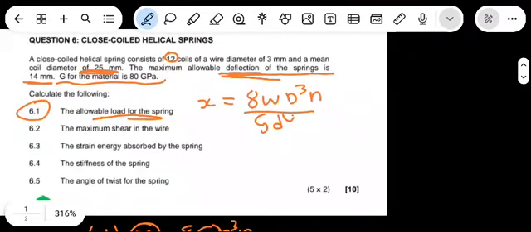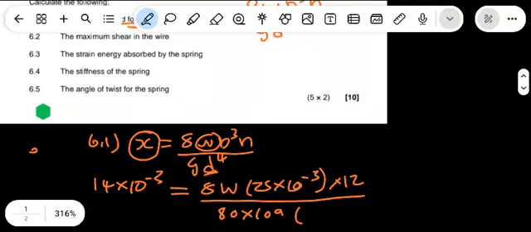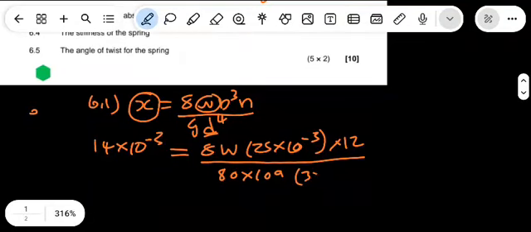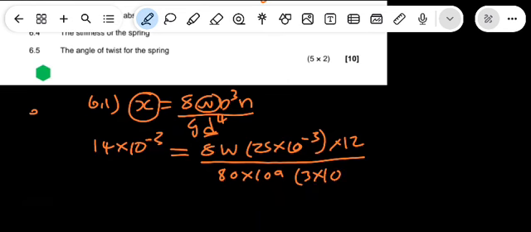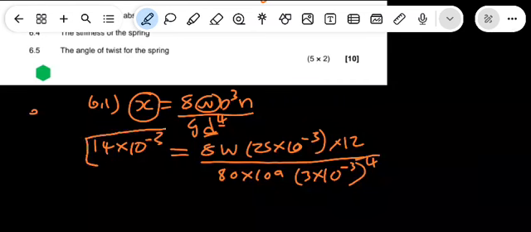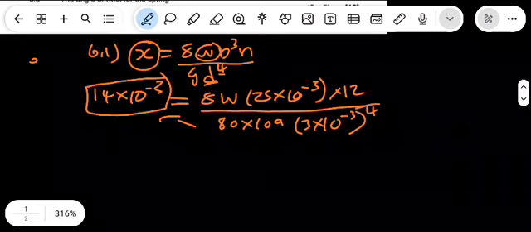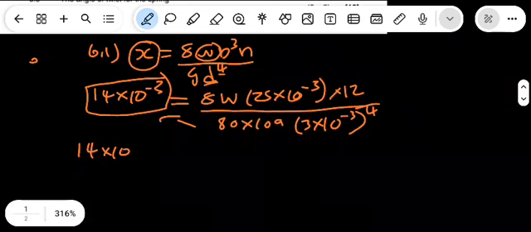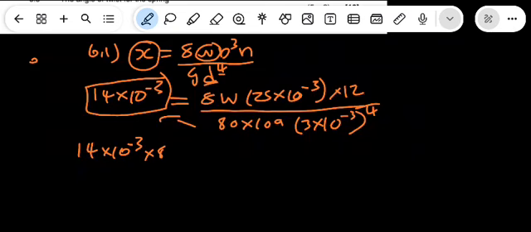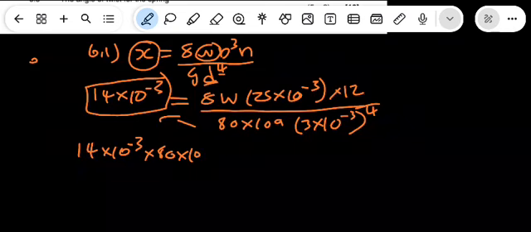Small d, the diameter of the wire, is 3 millimeter, so it will be times 10 to the power of minus 3, but raised to the power of 4. Alright, punching this, let us multiply: 14 times 10 to the power of minus 3 multiplied by 80 times 10 to the power of 9.